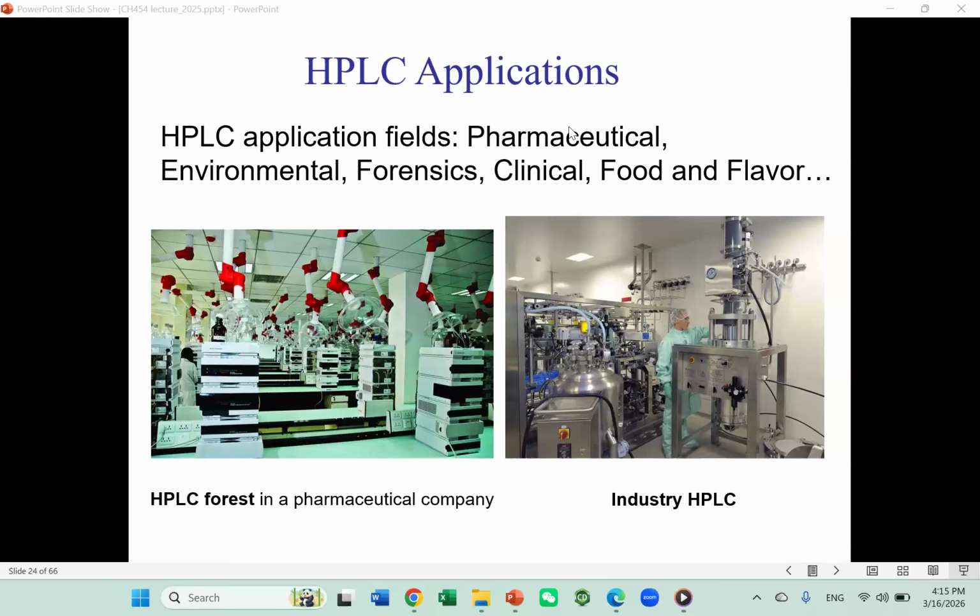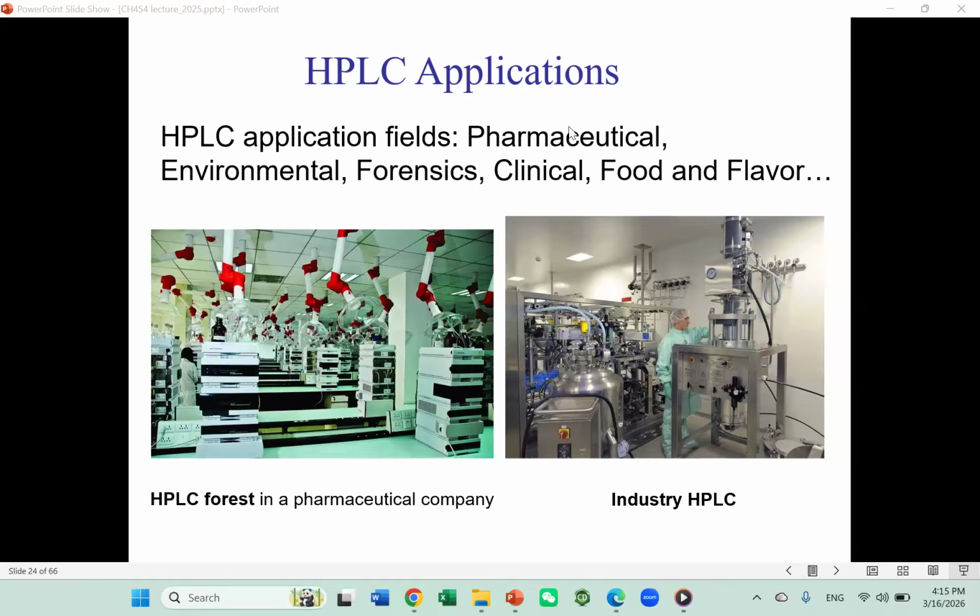In the environment case, for example, in the textile industry, they dump wastewater in the lake or the river. You just run HPLC and you can easily identify the dyes in the river water, in the wastewater.